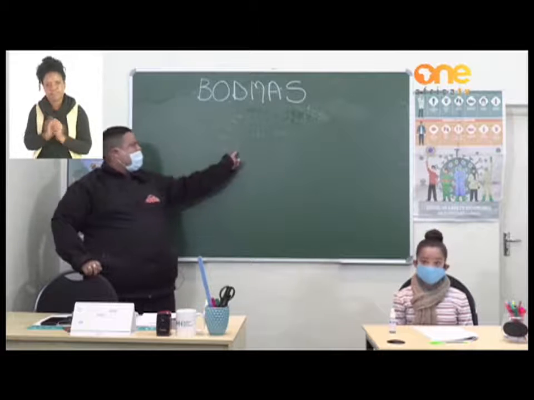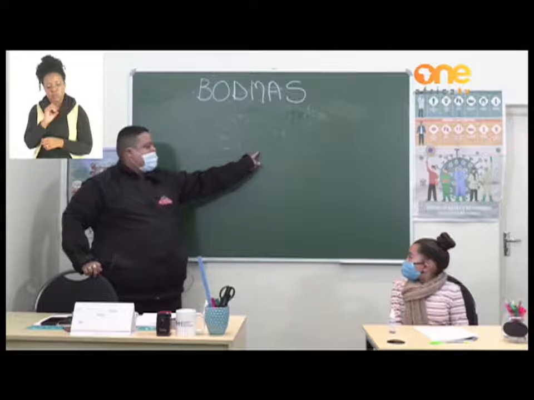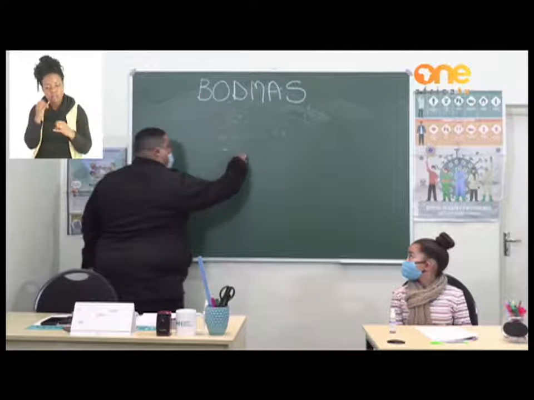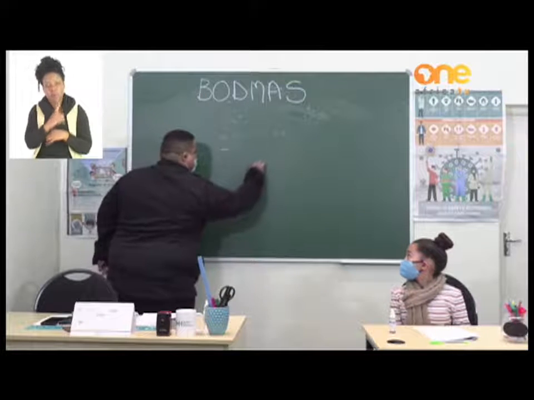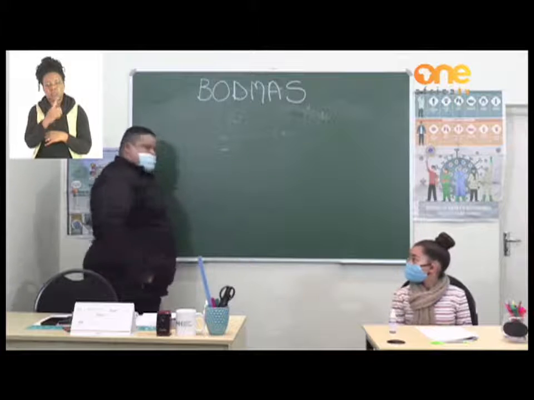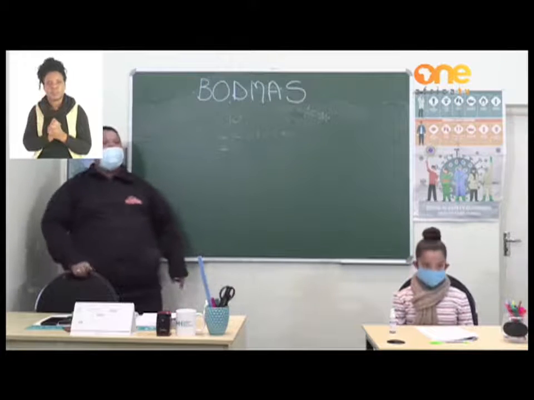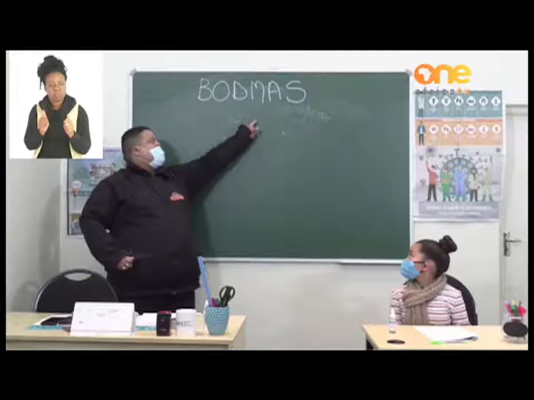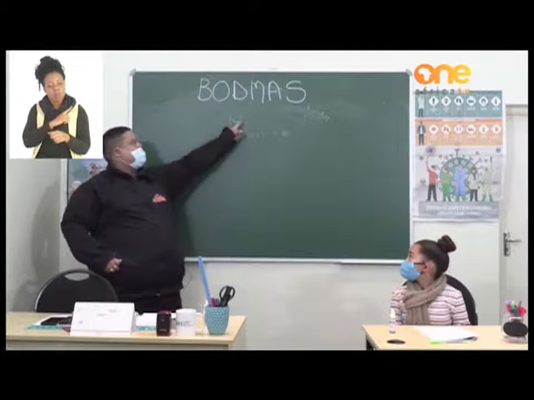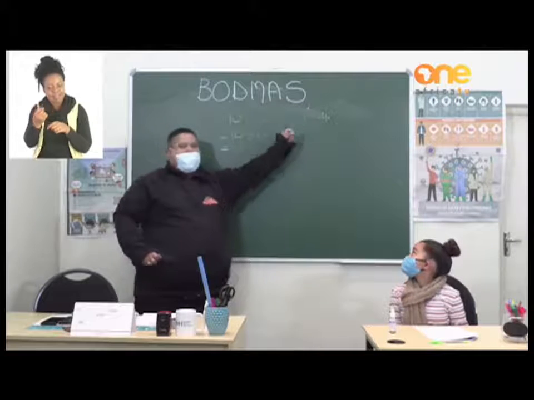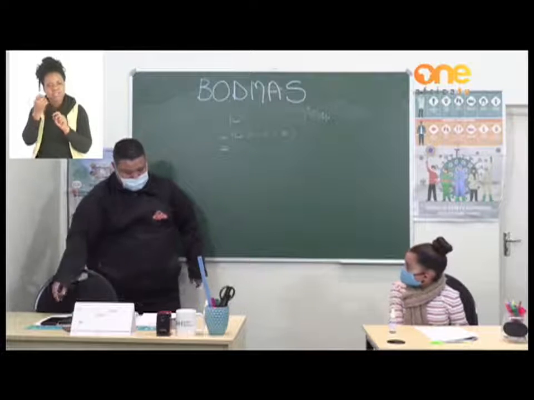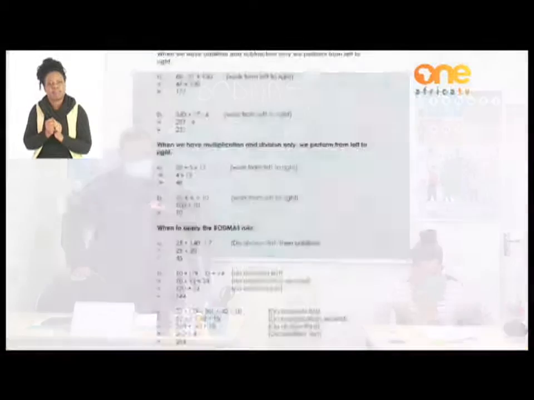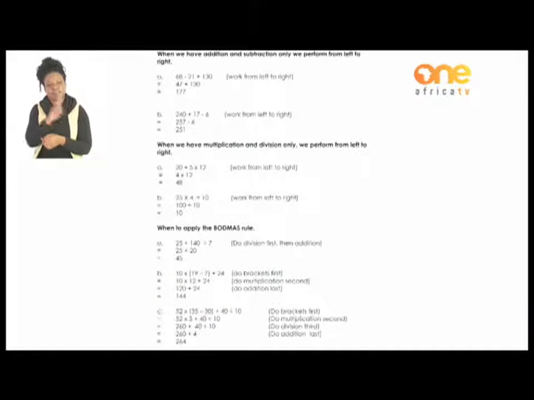We say 120 plus 24, and that is equal to 144. That was a really nice BODMAS sum. Why? Because we had a bracket, we had a multiplication, and we had an addition sum. Let's go back to page 11, and then we try the last example together.